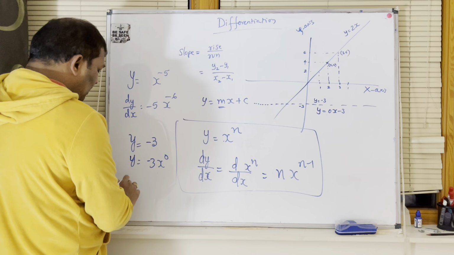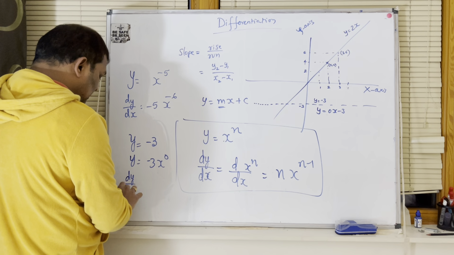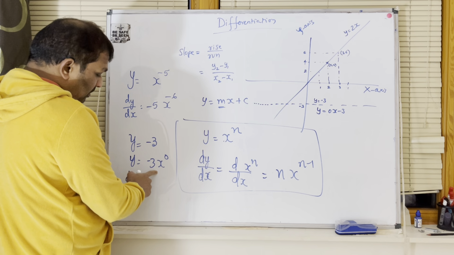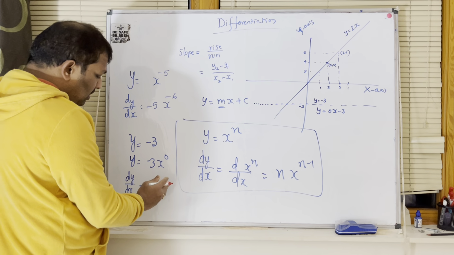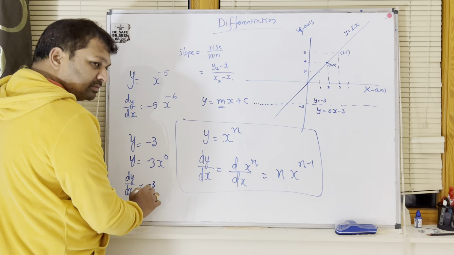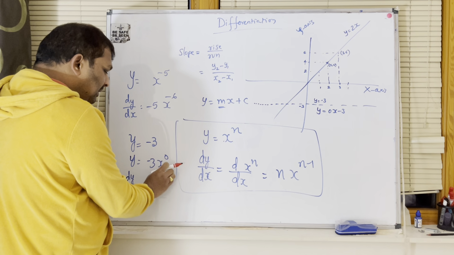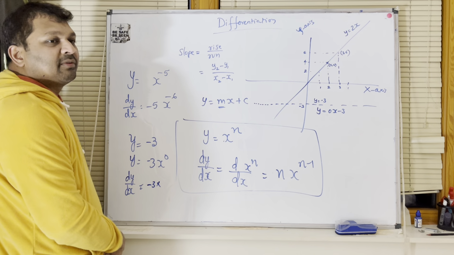So let's differentiate it. dy by dx. Whenever there is a fixed coefficient, a constant coefficient, you can keep it aside, multiply it, and take the differentiation of the rest. What is the differentiation of x to the power of 0?